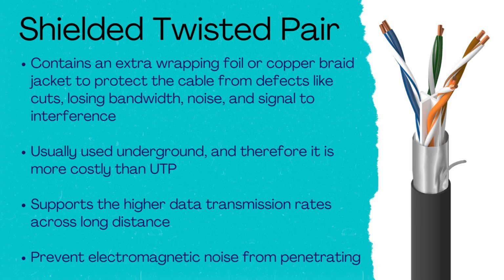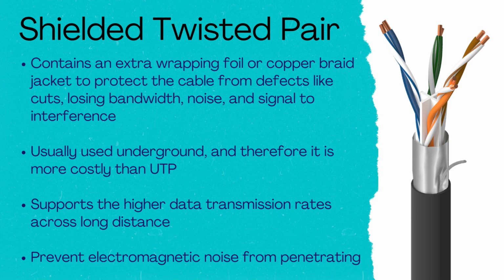You can see a shield around these twisted pair cables. It shares many similarities with the unshielded twisted pair, but includes an additional shielding layer to protect against electromagnetic interference, EMI, and radio frequency interference, RFI.